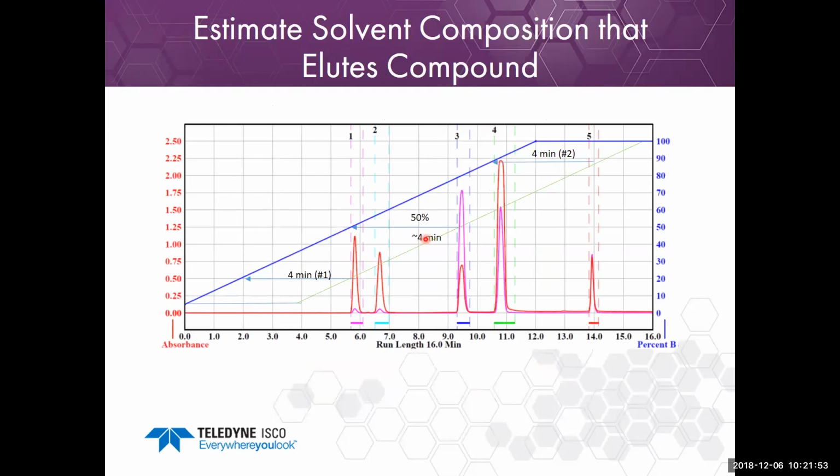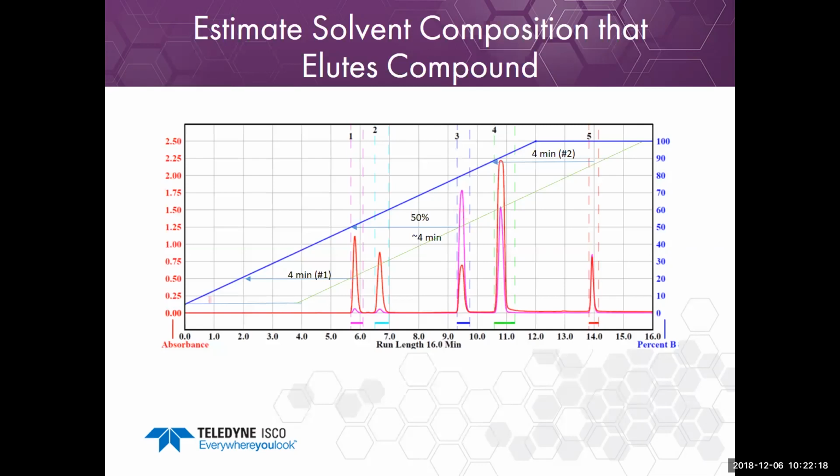Another way of calculating a gradient is to estimate the solvent composition that elutes the compound. Over here we have a mixture of compounds, and this compound over here at about 9.5 minutes is the compound that we were running earlier that elutes at 50% B and elutes at 6 minutes.